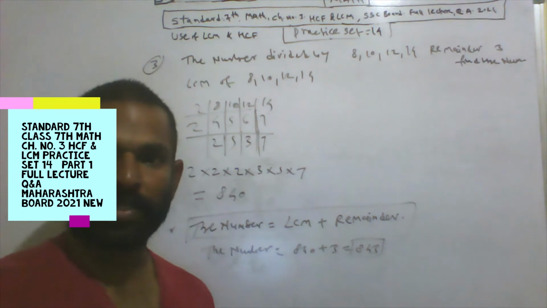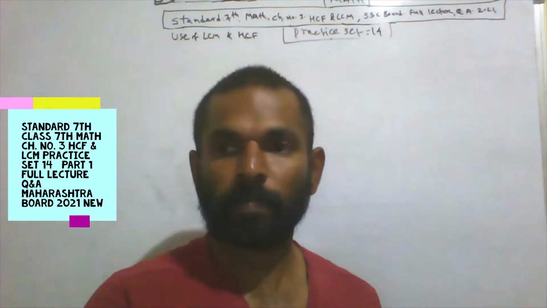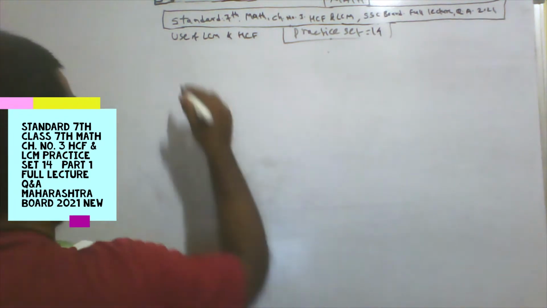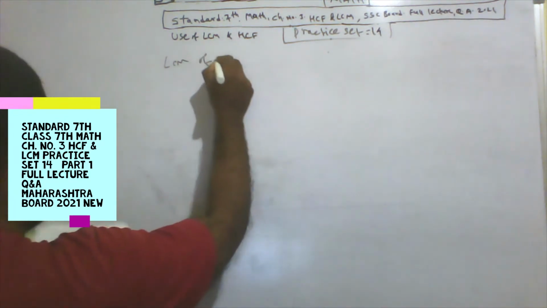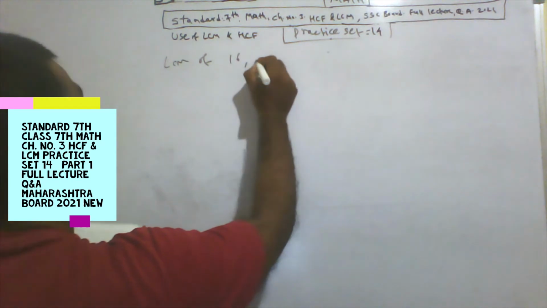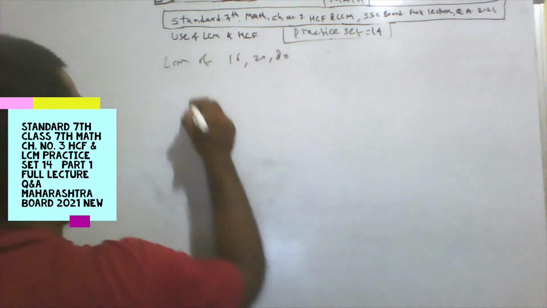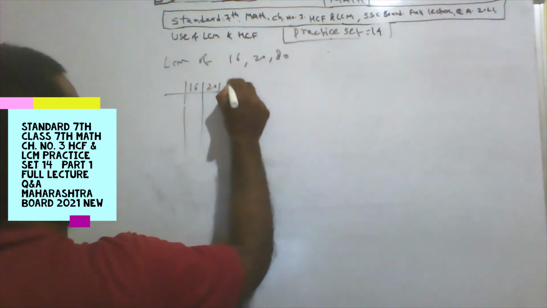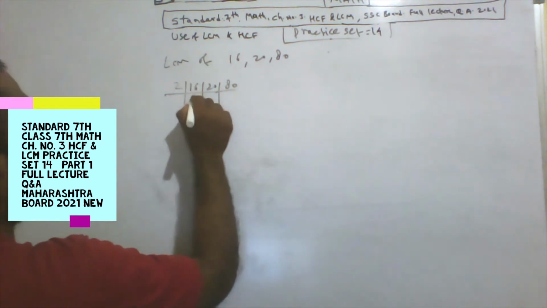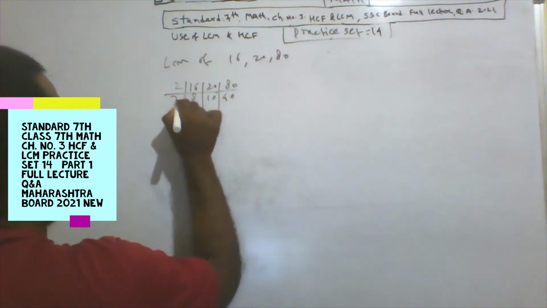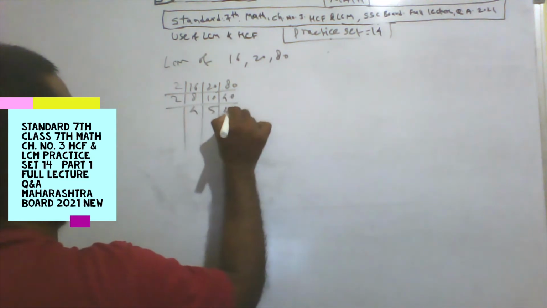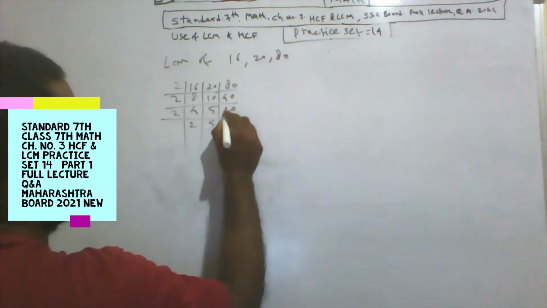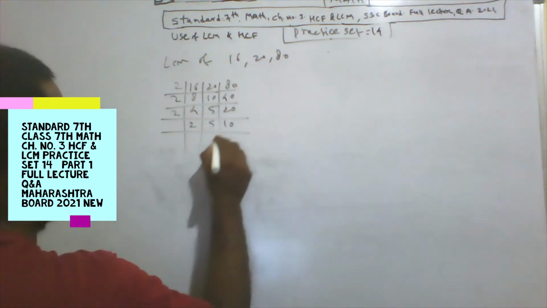Now we go to the next question, question 16. Find the LCM of 16, 20 and 80. 2 8s are 16, 2 10s are 20, 2 40s are 80. Then 2 4s, 5 remains 5, 2 10s.